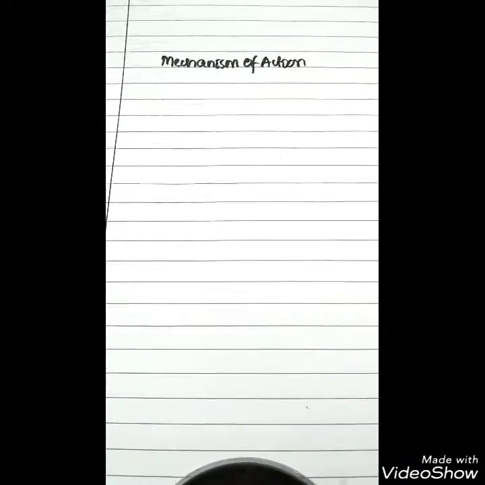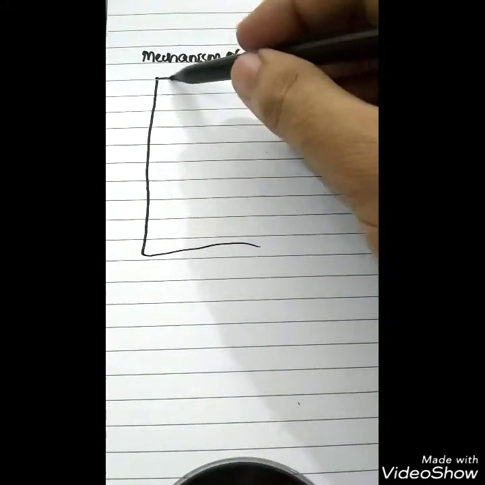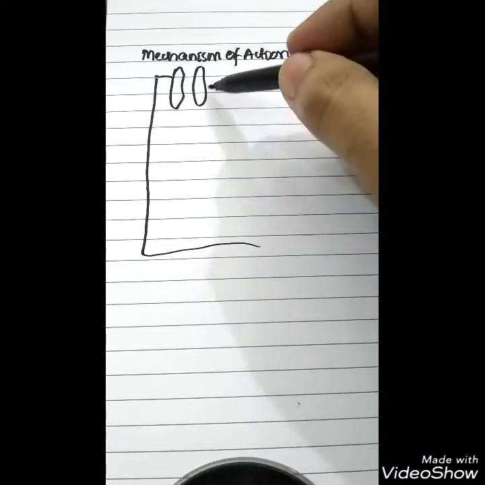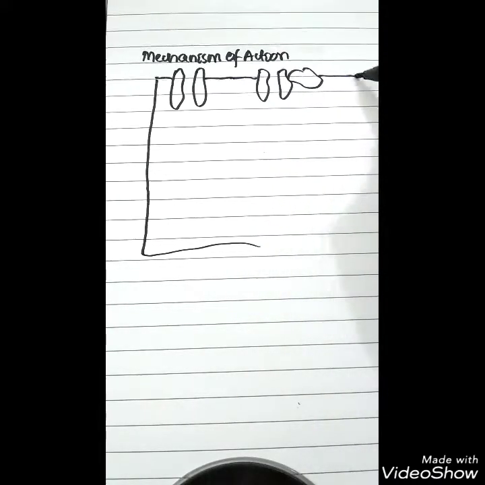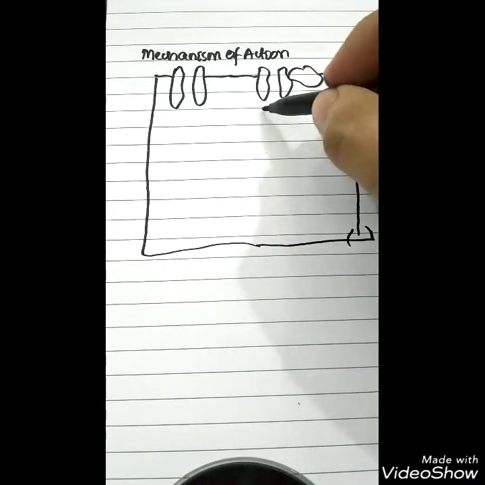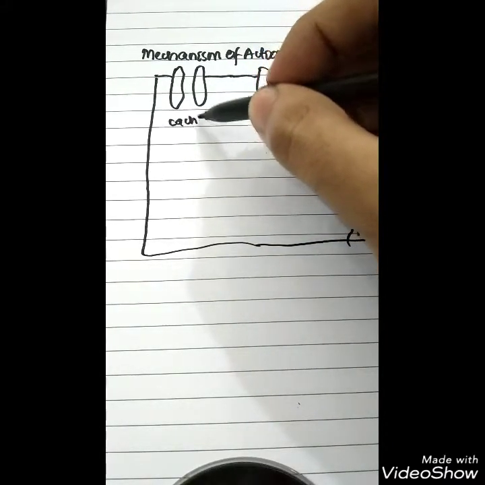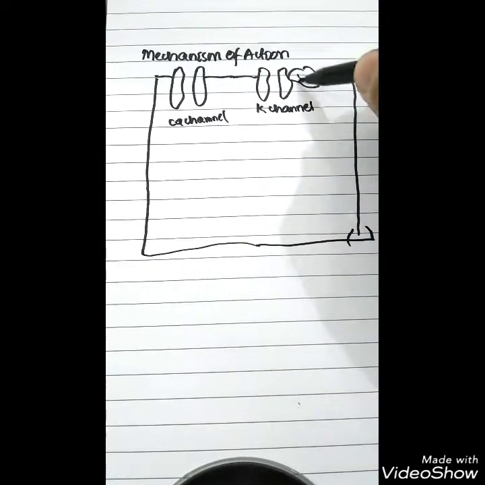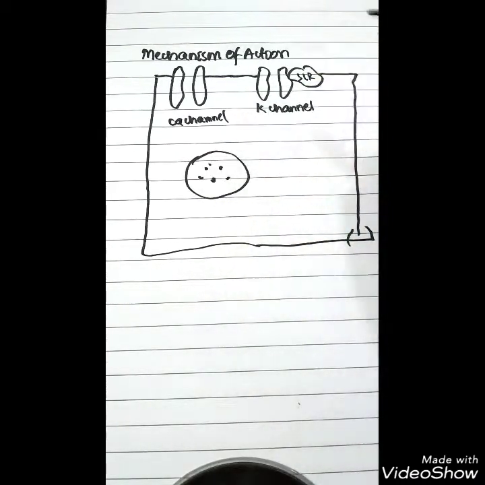Let's look at its mechanism of action. Suppose this is our beta cell, and here is the potassium channel, here is the calcium channel, here is a receptor for sulfonylurea, and here is our insulin which is not releasing, and there is a continuous efflux of potassium.